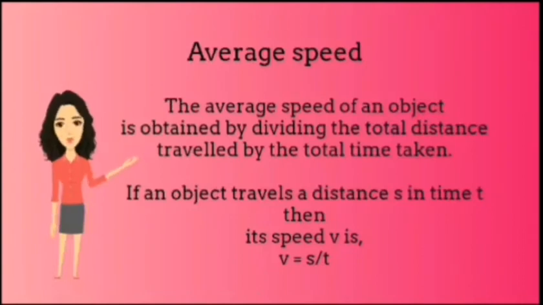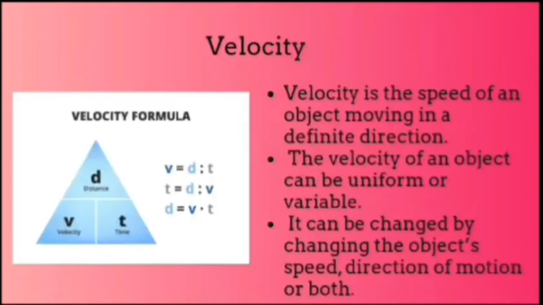Average speed. The average speed of an object is obtained by dividing the total distance traveled by the total time taken. If an object travels a distance s in time t, then its speed v will be equal to s upon t. Velocity. Velocity is the speed of an object moving in a definite direction. The velocity of an object can be uniform or variable.